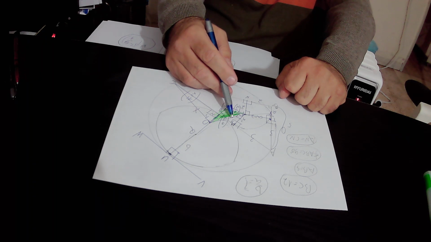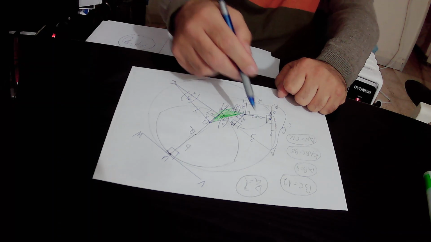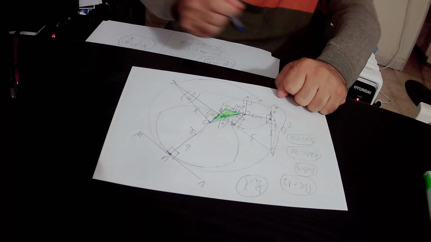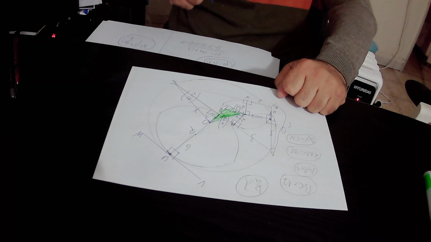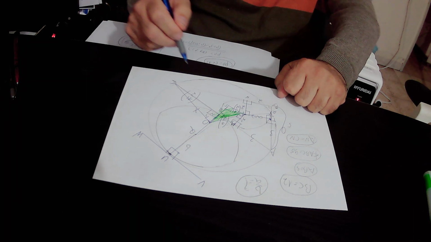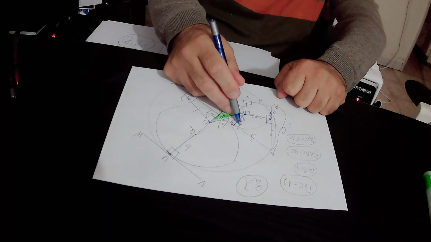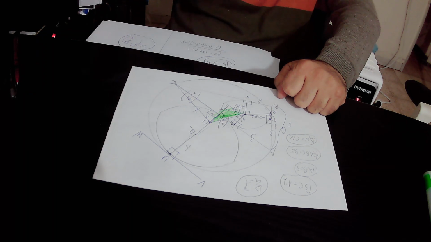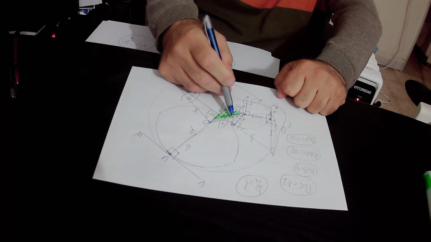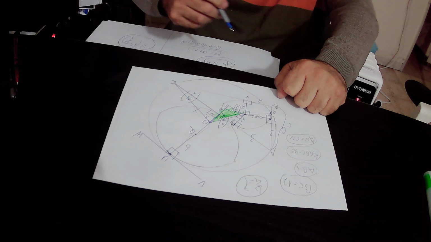The radius PM is drawn to point M, the point of tangency of tangent AC with this circle. Whenever you have a radius drawn to the point of tangency, the tangent AC must be perpendicular to the radius MP. That is to say, this angle equals 90 degrees and this angle equals 90 degrees according to rule number 1. So we found out that this angle equals 90 degrees and this angle equals 90 degrees.